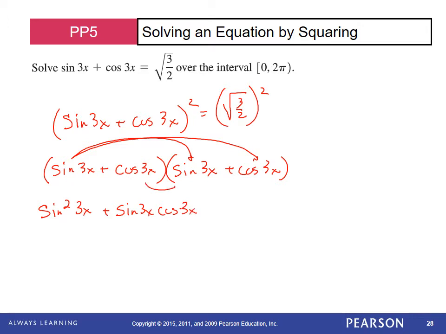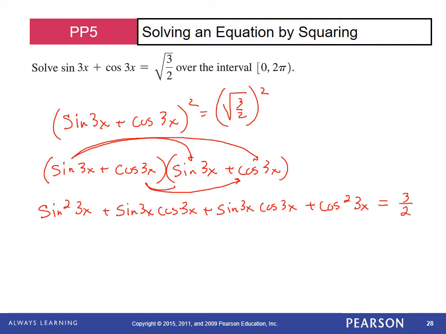Tell me if you want me to slow down, because there's lots of writing here. Even though it's cosine times sine, I like to write the sine first. Sine, cosine, and lastly plus cosine squared of 3x. Should be 2 sine 3x cosine 3x. And all that is equal to 3 over 2, right?